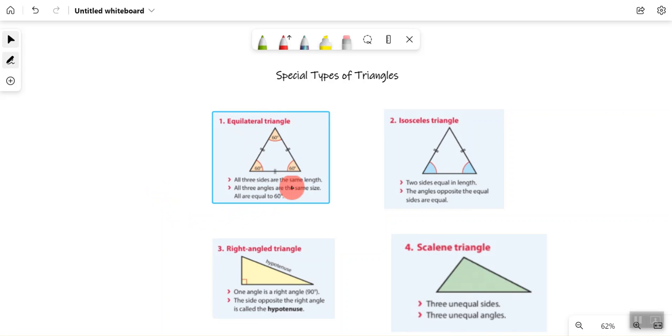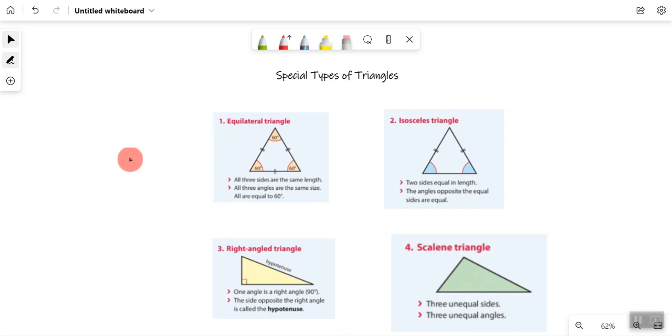If we look at this first triangle, this is what's known as an equilateral triangle. Think about the word in here, it's equal. Equilateral triangles, we can see that the three angles of the triangle are the same.